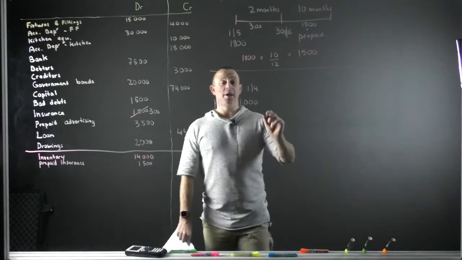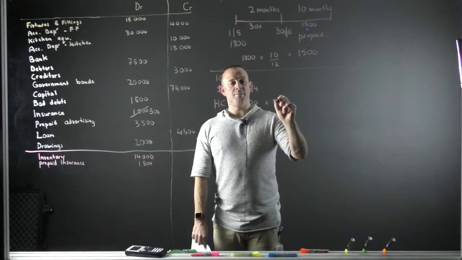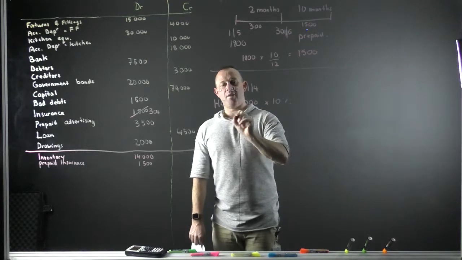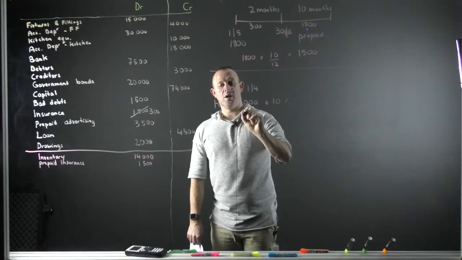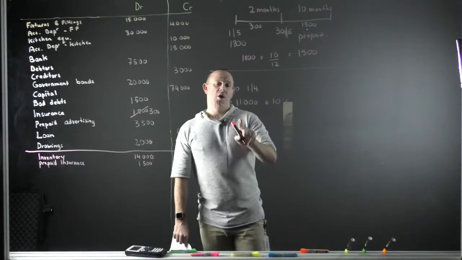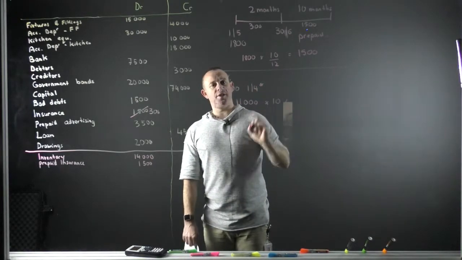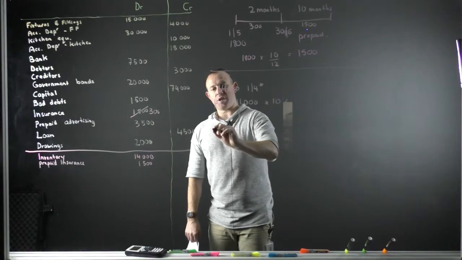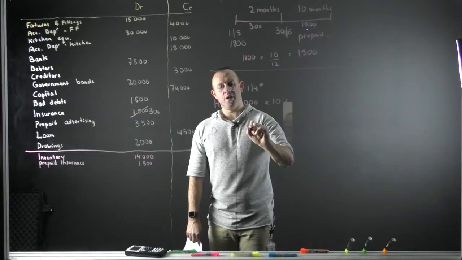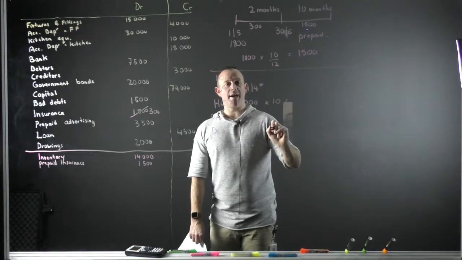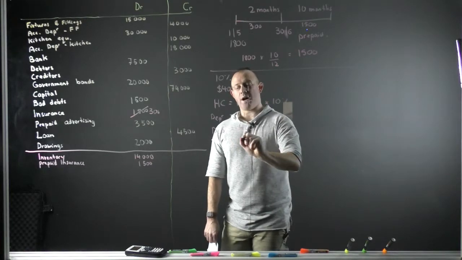So what we need to do is depreciate this using straight line. We're just going to times that by 10%, and we'll get that the depreciation is 1,100. But then we've still got to do the depreciation for this one. The depreciation of the new asset is 4,000 times by 10%, giving us 400.